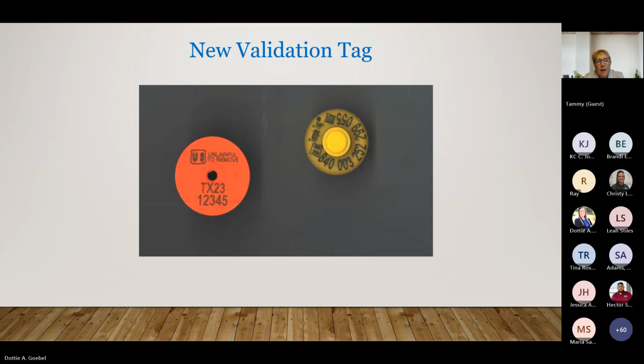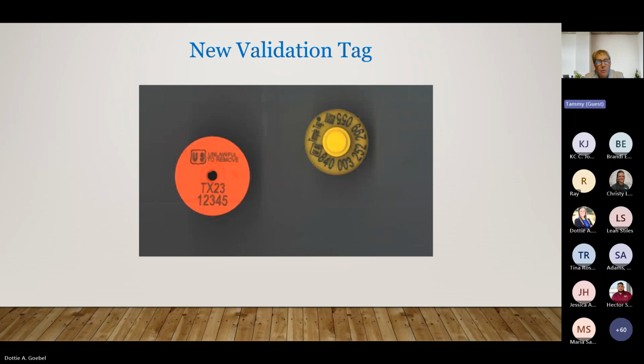We did have a significant decrease in the amount of tags that we had to replace this year due to going to this smaller tag, this 840 tag. Roughly speaking, we probably had 50% fewer tags replaced this year than in the previous years. So we had fewer issues from a loss standpoint utilizing these smaller tags.